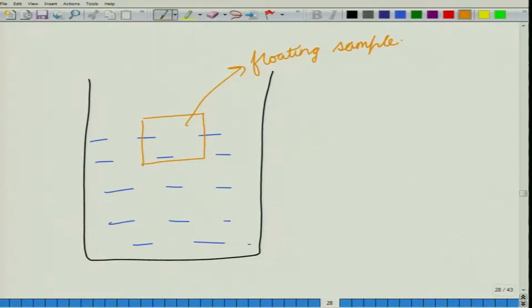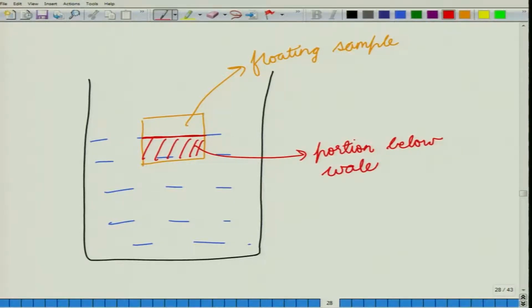Now when this sample is floating, some part of it will be beneath the water level. So now the water level has risen, but in the equilibrium position you will have some portion that is below the surface. So this is the portion below water level, and we have some portion, so this portion is the portion above water level.